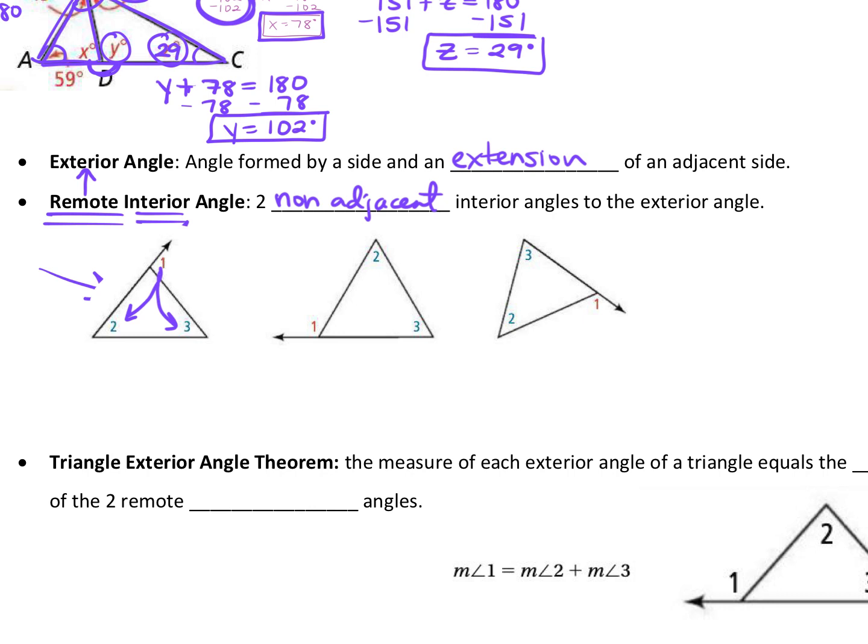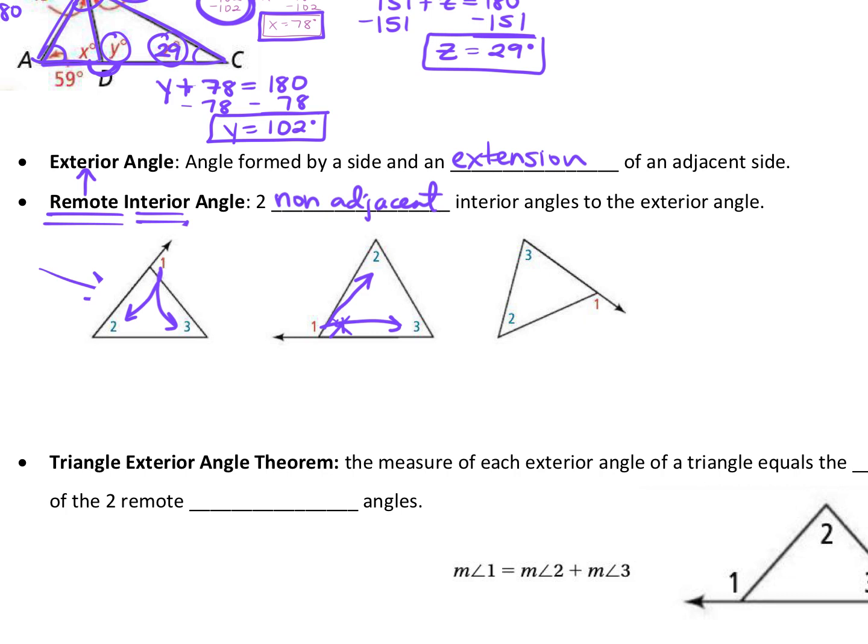Okay, you can see that here as well. Angle 4 in that second picture is adjacent. It's next to the angle. He doesn't get to play. He is not a remote interior. He's a close interior, right? We want remote. We want the ones that are far away. So it's the 2 angles that are kind of across the triangle from our exterior angle, okay?